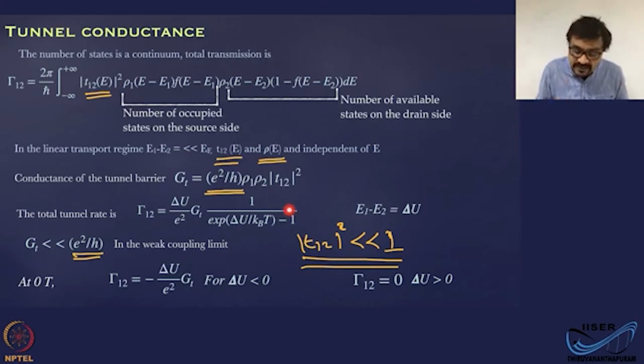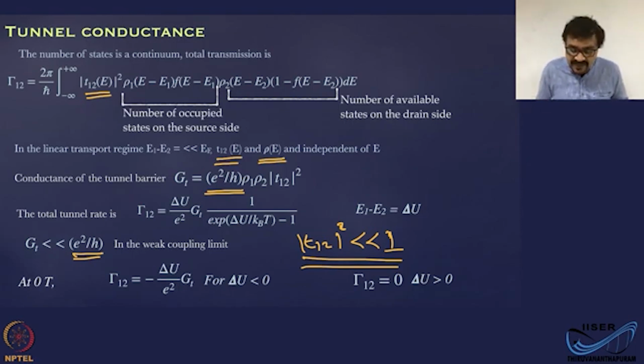When you apply the zero temperature limit, gamma 12 has this value only when delta U is less than 0. You have to factor in the negative charge of electrons, which I have not assumed in any of this discussion. Once you substitute for the negative charge, all these terms will fall in place. Now gamma 12 is 0 when delta U is greater than 0. That means there is no energy gain.